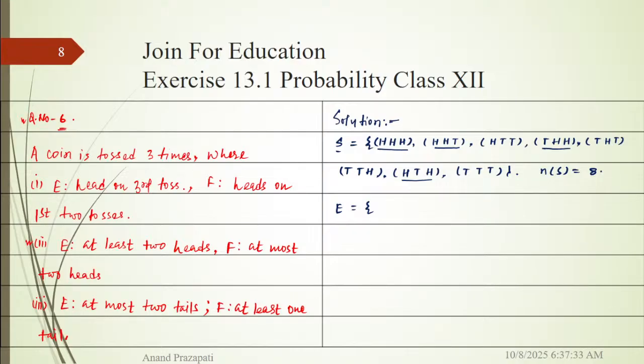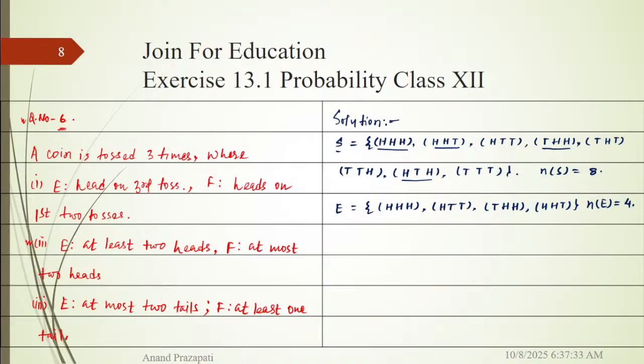So we write down E equal to HHH, HTT, THH, and HHT. So here the number of E will be 4.